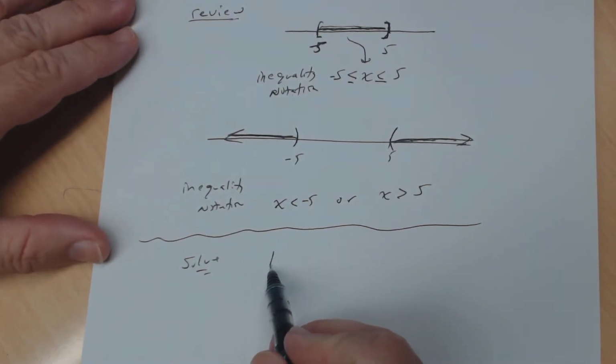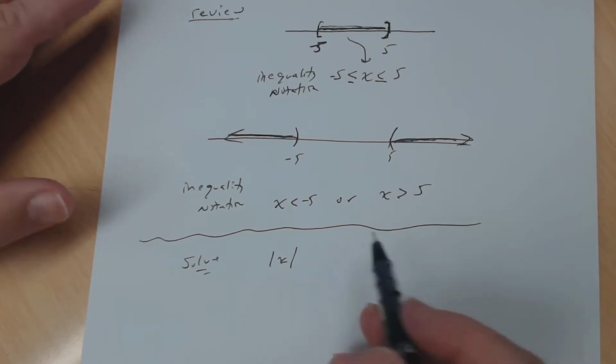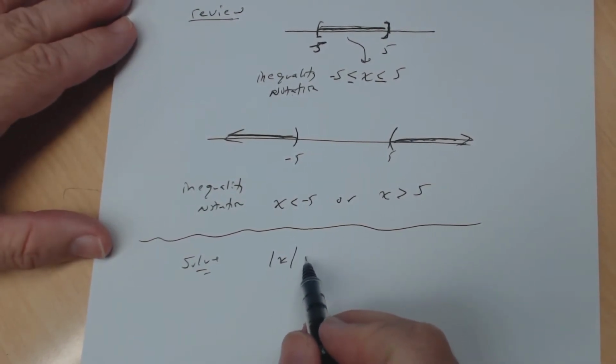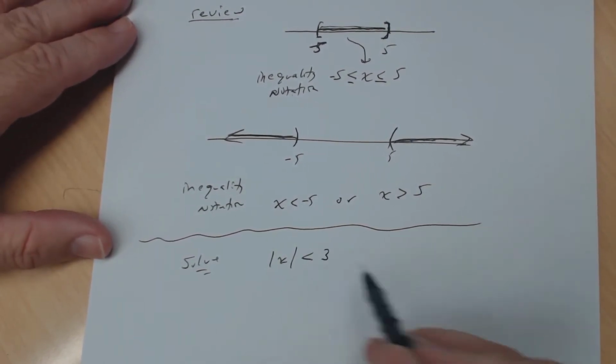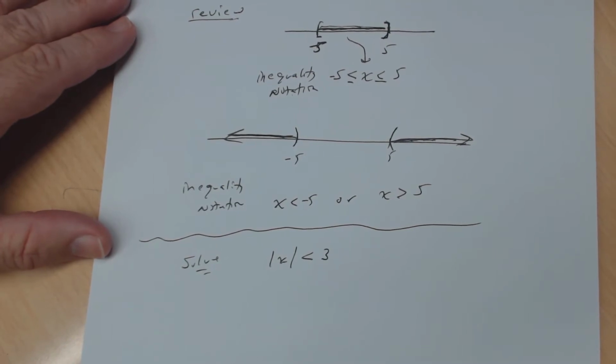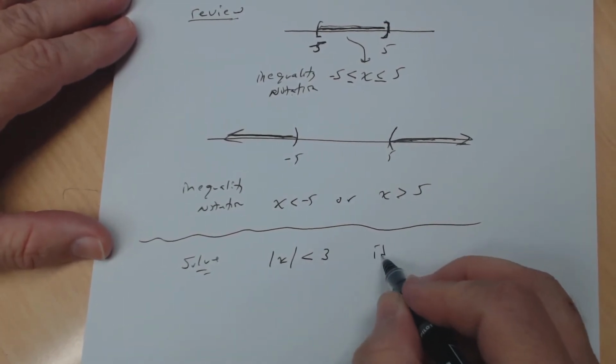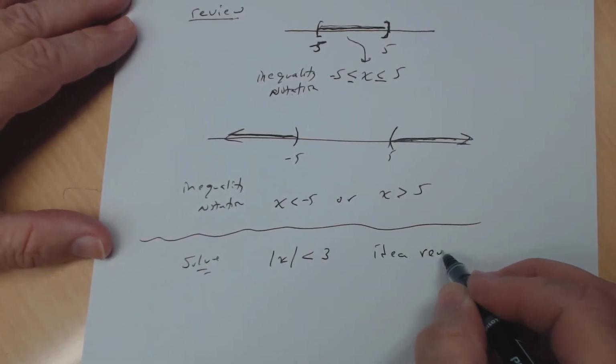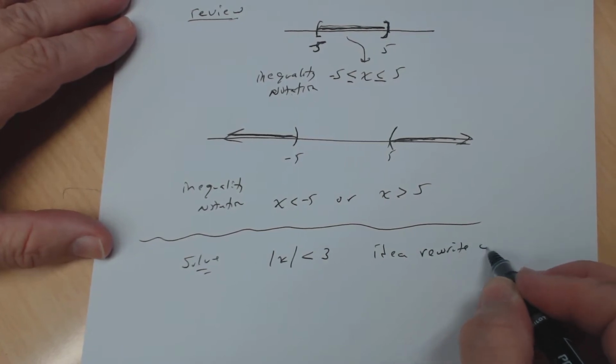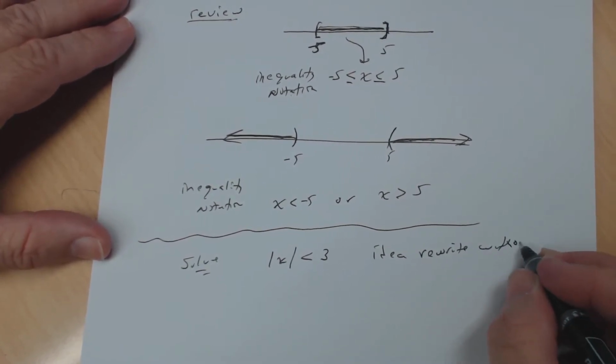So let's start with a simple one, and this is one that you should always think about. Let's say we had the absolute value of x is less than 3. Now the idea is to rewrite this without the absolute value bars.